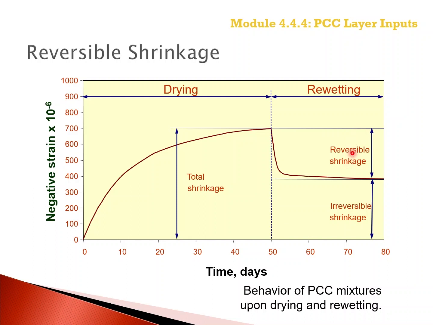The reversible shrinkage is normally estimated to be about 50% of the total or ultimate shrinkage. 50% is the default value that is suggested for design for reversible shrinkage. So 50% of the total shrinkage is the shrinkage that is irreversible and permanent.